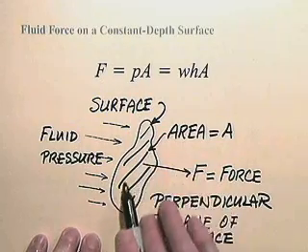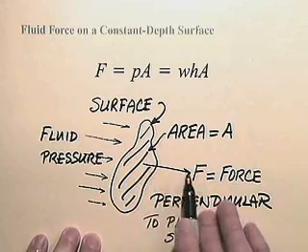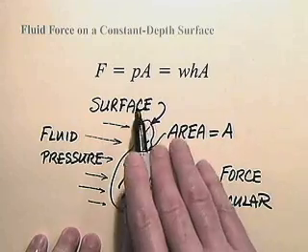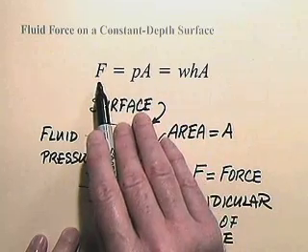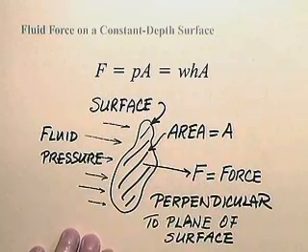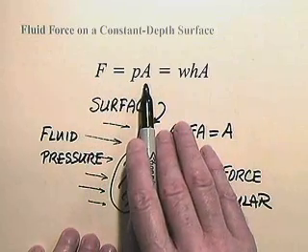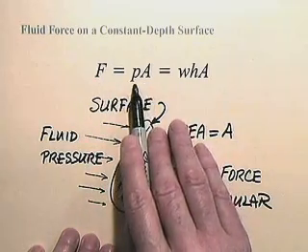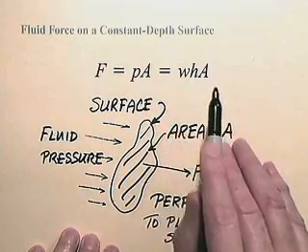In effect, if the pressure is constant throughout the surface, we could measure the force on the surface, measure the area, and divide the force by the area, and that by definition gives the pressure. So force is pressure times area. On the other hand, we know in a fluid the pressure at depth h is W times h.